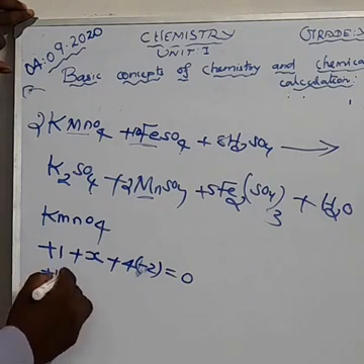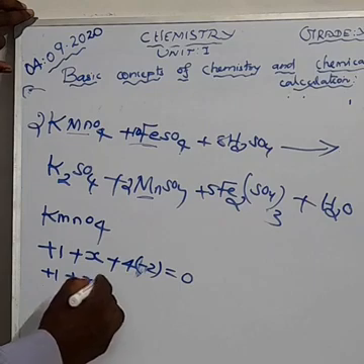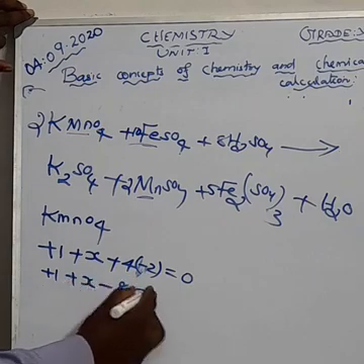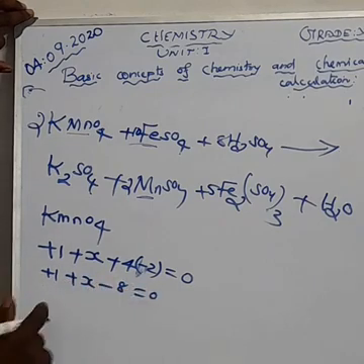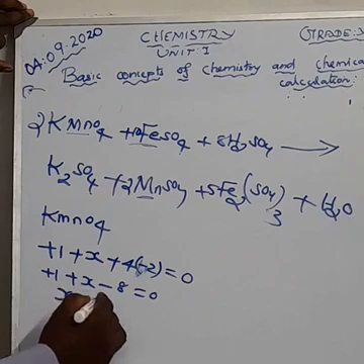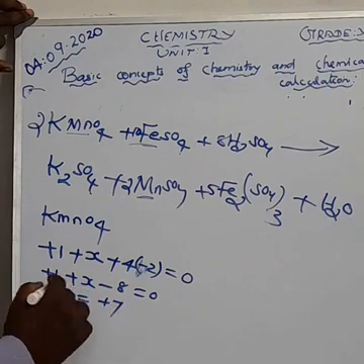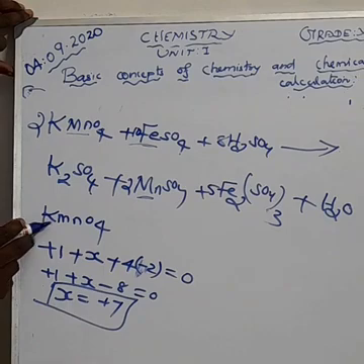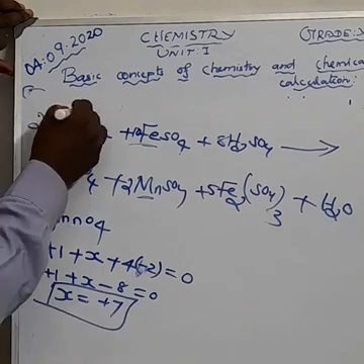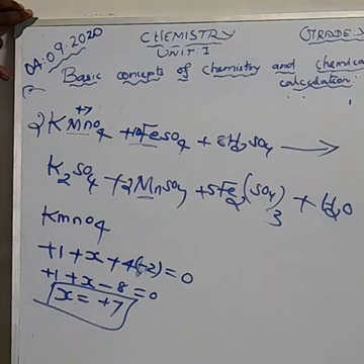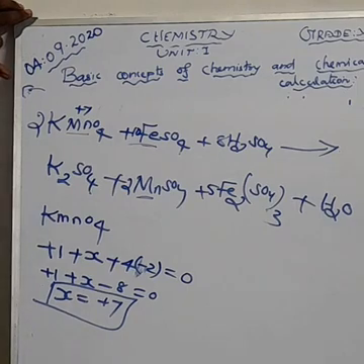So plus 1 plus X minus 8 equal to 0. So X is equal to plus 7. So here first manganese, the oxidation state is plus 7. Clear? Have any doubt? No doubt. Okay? Next one.